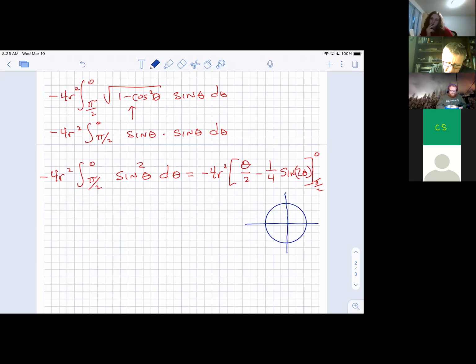So let's see. We have a negative 4r squared out front. And now let's put 0 in. So we get 0 over 2. That's very nicely just 0. And then you have minus 1/4 sine of 2 times 0, which is 0. So what is all that? What's the sine of 0?